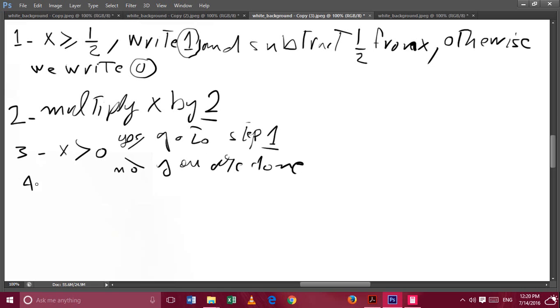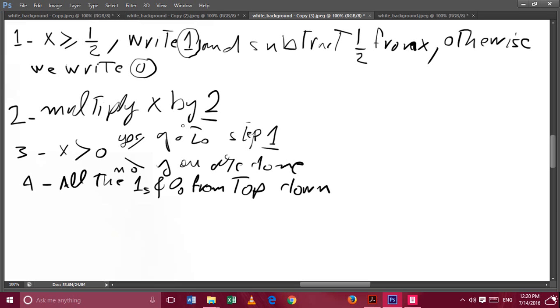And the last step: the binary representation of this decimal fraction would be all the ones and zeros from the top down. Again, this is going to make sense when I give you the example. Let's do the example right away. So it's just a 4-step algorithm. If you follow it, you should be able to convert any decimal fraction to its binary equivalent.